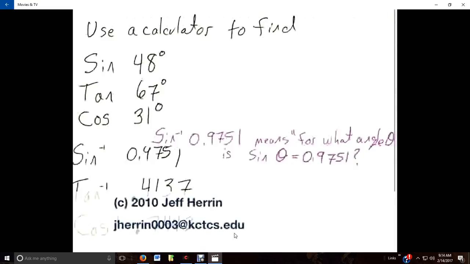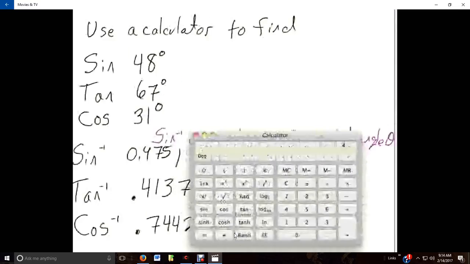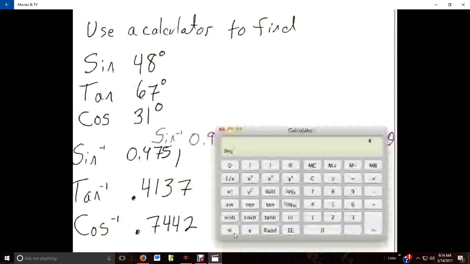measurements. Now, sine of 48 degrees, again, what that means is that's some number that when you have an angle that's 48 degrees, the ratio of the opposite to the hypotenuse will be this number. So let's just look at putting that into our calculator and see what happens.